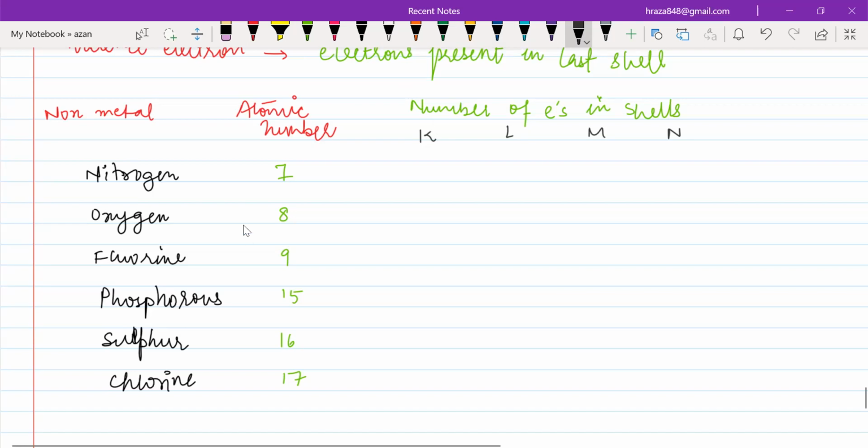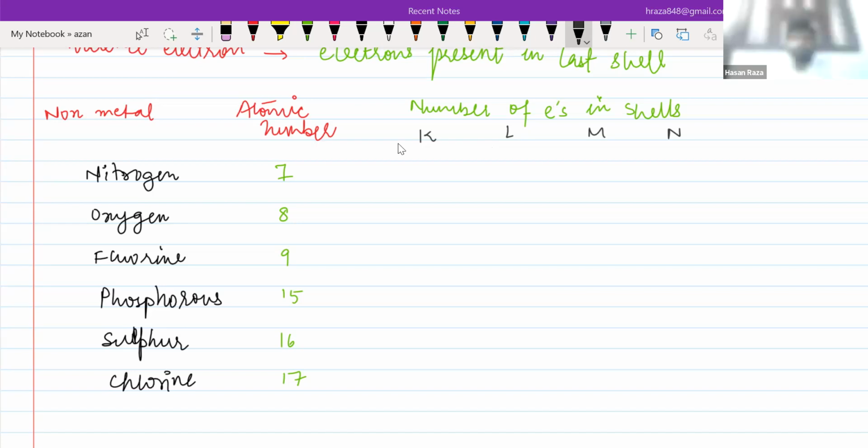So you can see basically the first shell will have 2 electrons. The atomic number will be equal to the number of electrons in a neutral atom. Since you can see there is no charge on these atoms or elements, it is a neutral atom.